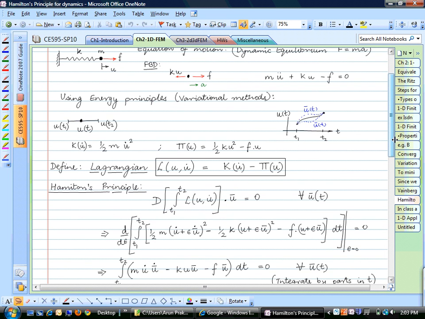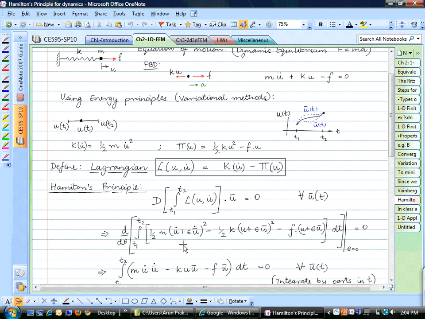Hamilton's principle says that the directional derivative of this Lagrangian for all variations of this displacement should be 0. If you do this, you will get back the equation of motion for dynamics. You just write out the Lagrangian, which is kinetic energy minus potential energy.